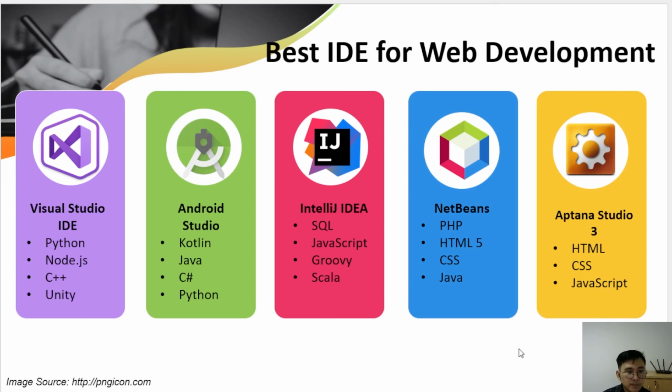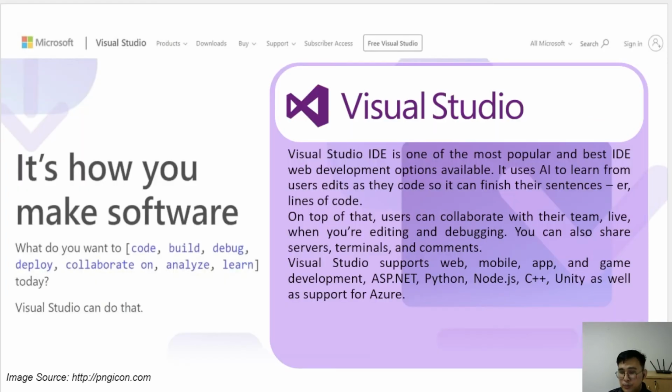So let's discuss Visual Studio first. Visual Studio is an IDE produced by Microsoft. It is one of the most popular for web development, because this IDE uses AI to learn from user edits as they code, and it can finish their syntax before it is defined by the user.